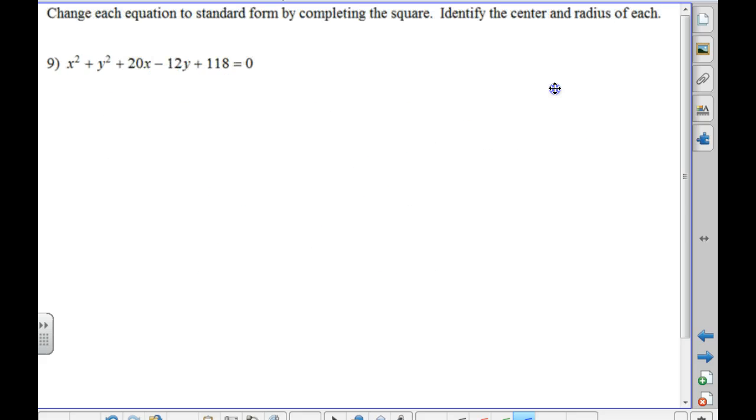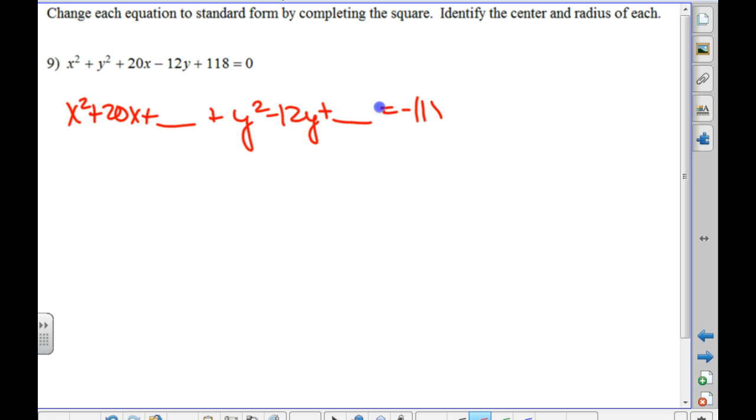Did anybody get 9, or how's it going? Is it x plus 10 squared plus y minus 6 squared equals 18? I think it does come out funny, though. Plus 100. So how does this go? X plus 10 squared. Are we okay with that?